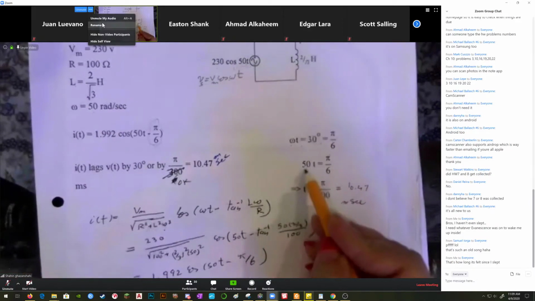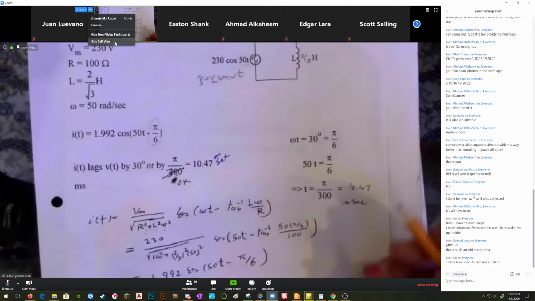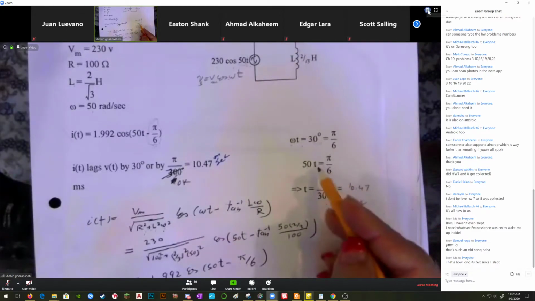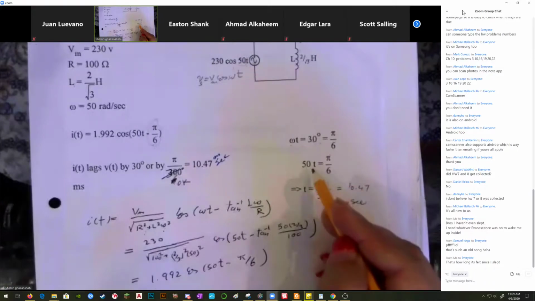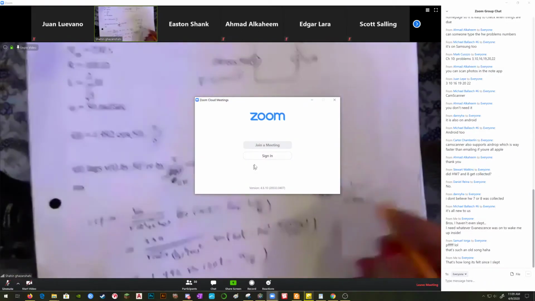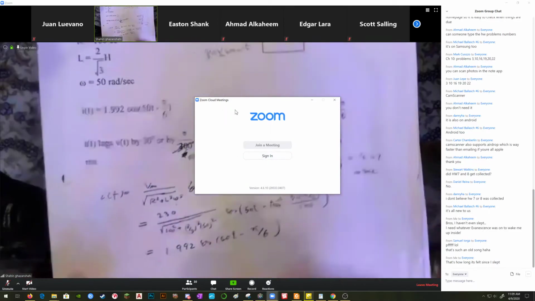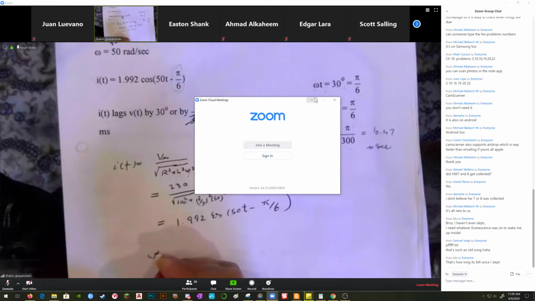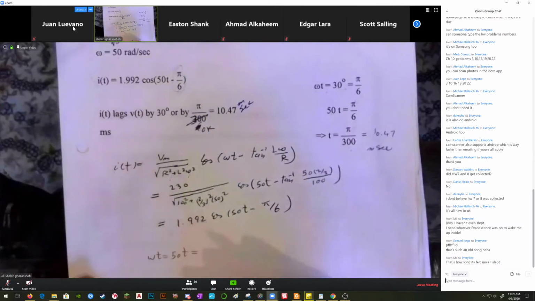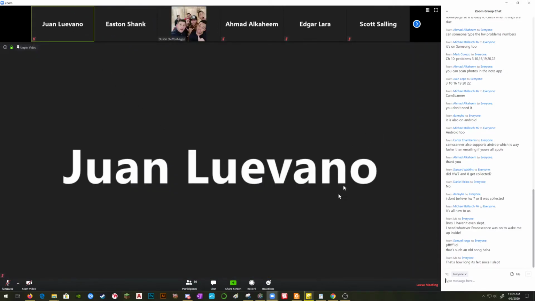So what is omega? 2 pi f, no? Remember? Or you can solve it for t from here, because I substitute for you here. See, your omega t is 50t, which is equal to pi over 6, the phase angle, correct?